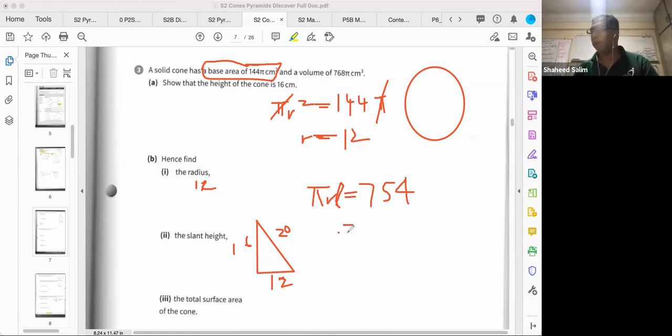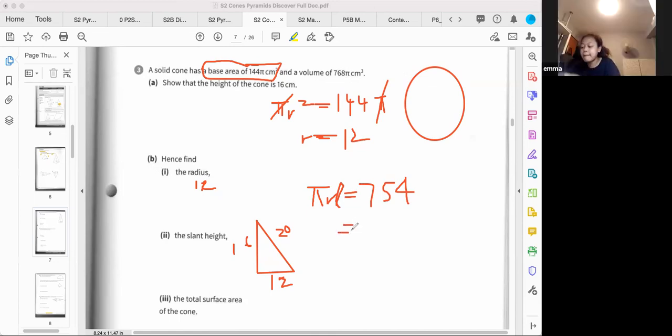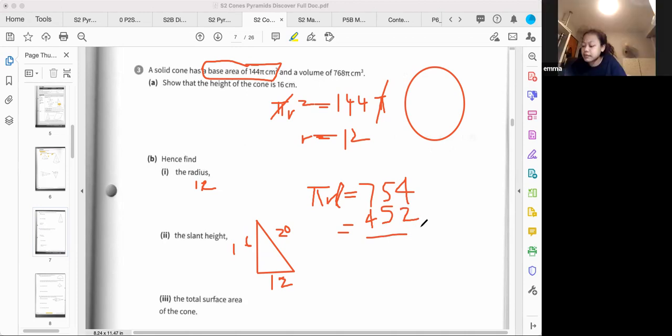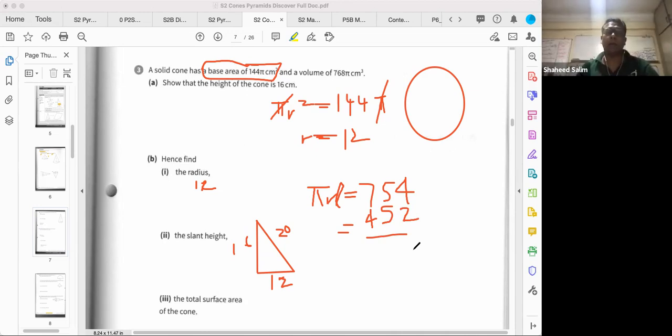How much is 144 times pi? 452. Okay, good. You add them together. 1206. Okay.